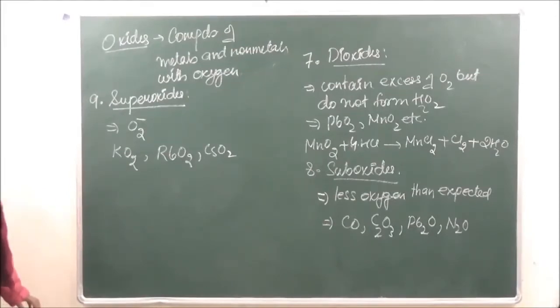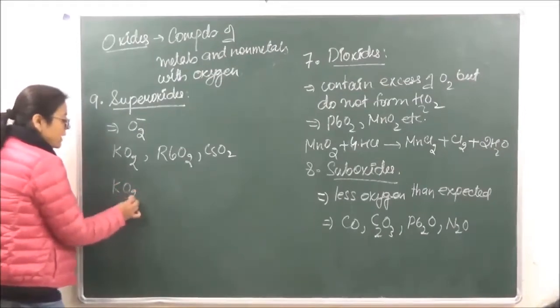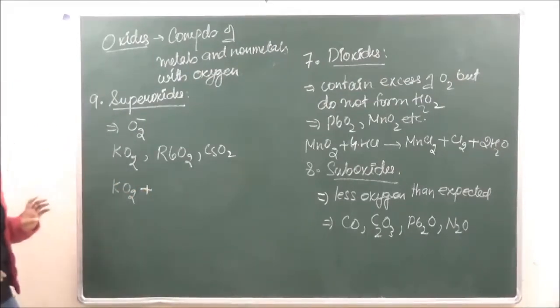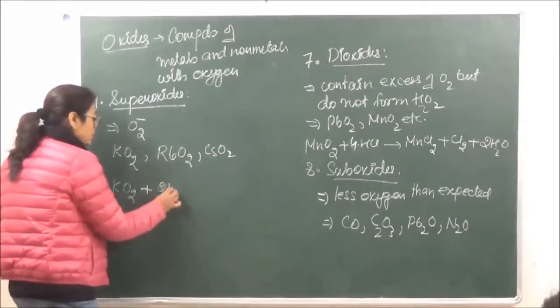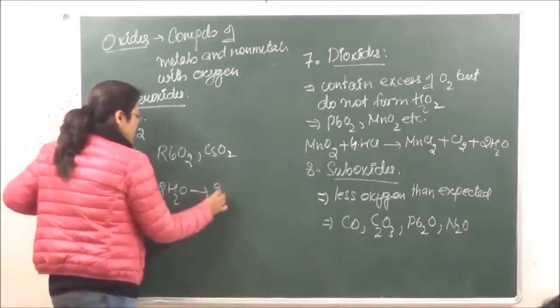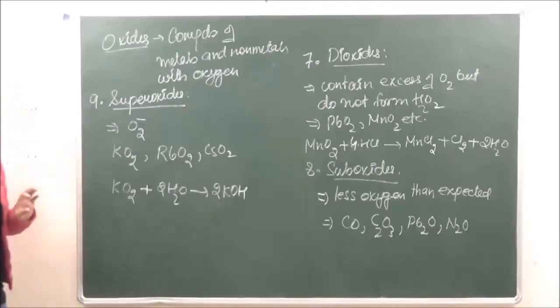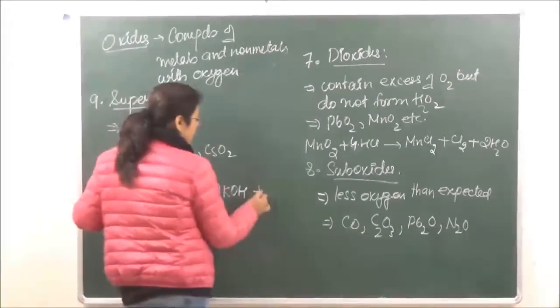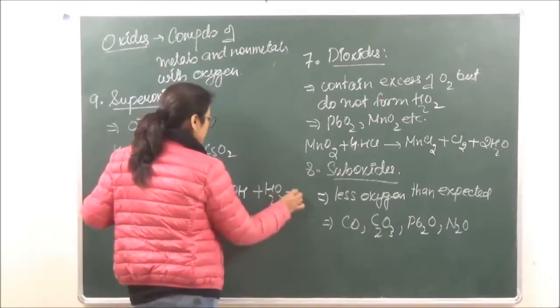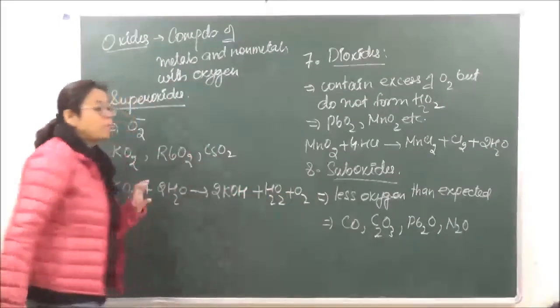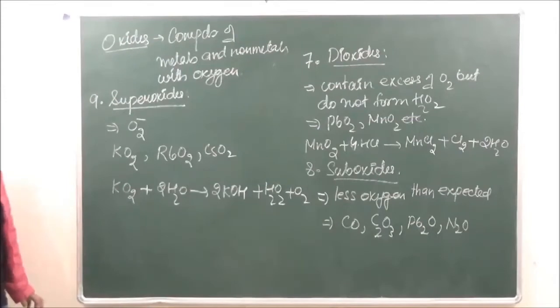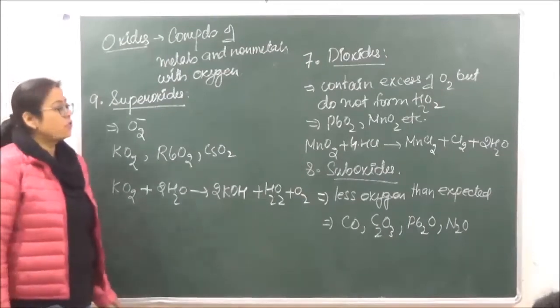Is it clear? ये क्या करते हैं, जैसे फॉर एग्जाम्पल हम लोग KO2 ले रहे हैं और इसको रिएक्ट कर रहे हैं विद वाटर. This is going to give us potassium hydroxide plus H2O2 plus oxygen. Okay, so this is what superoxide is, and this is the classification of oxides.